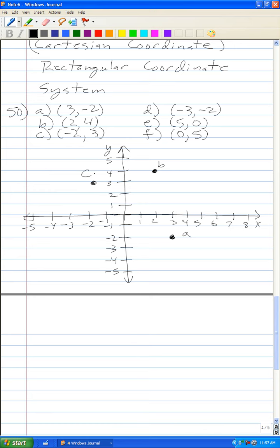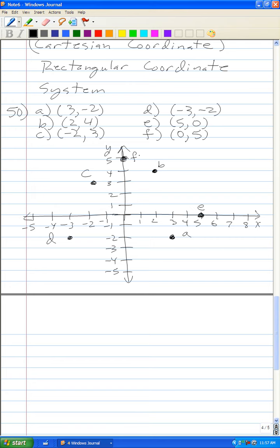That's C. Negative 3 in the x, negative 2 in the y. D. 5 in the x, 0 in the y. E. 0 in the x, 5 in the y. F.